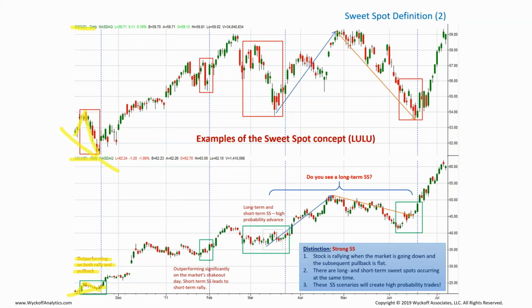Who could this be? Institutional or institutions. So therefore, with their support, we're probably going to outperform in the next rally. And look at this next rally. We are overcoming the resistance, whereas the market overcame this resistance, but very late.